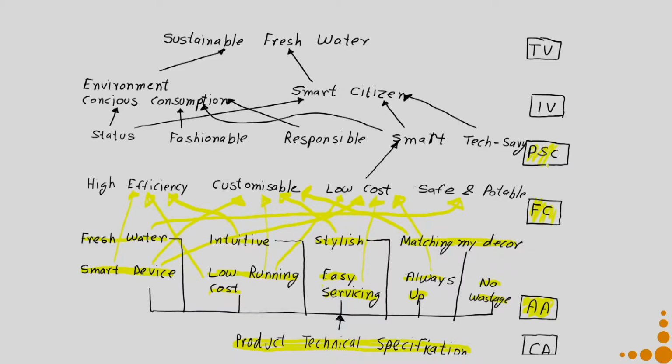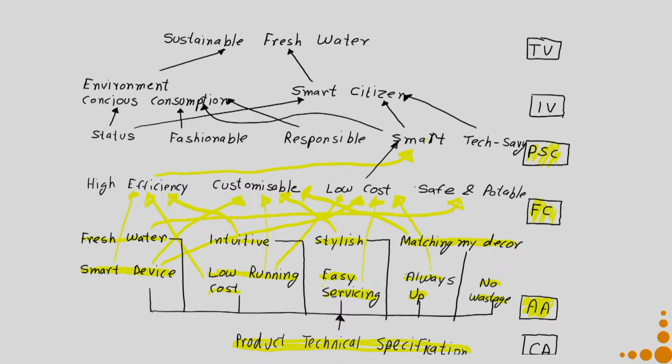Now let's try to connect the functional consequences with psychosocial consequences. So if I take high efficiency, is high efficiency connected to smartness? I say high efficiency is connected to smartness. Now I go back. I have connected high efficient to smart device. Okay, that works with smartness. Good. I have combined high efficiency with low running cost. So low running cost, high efficiency and smart.